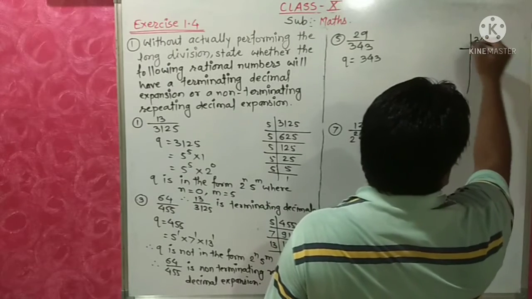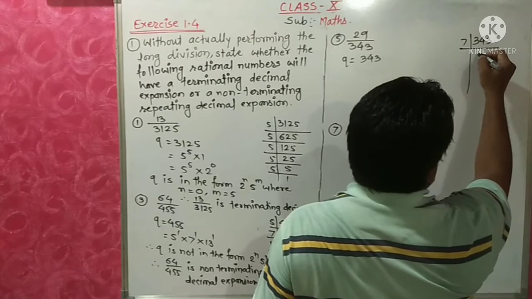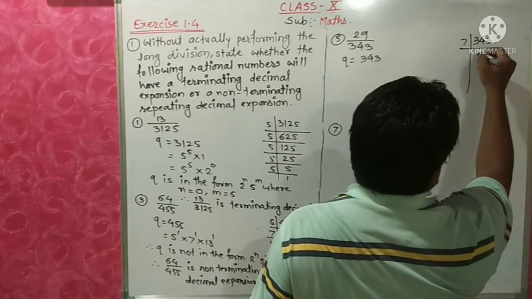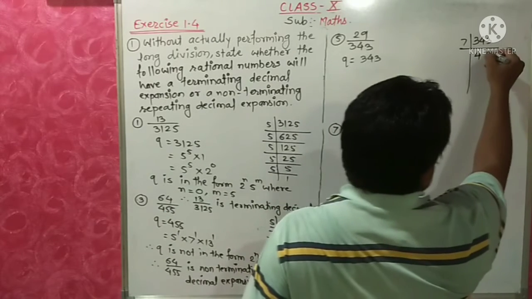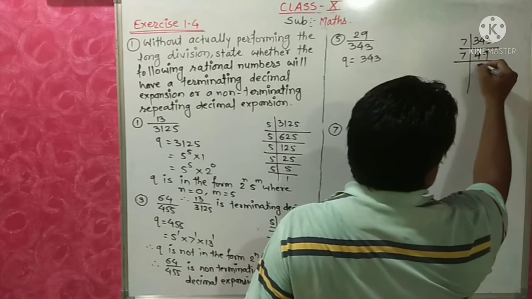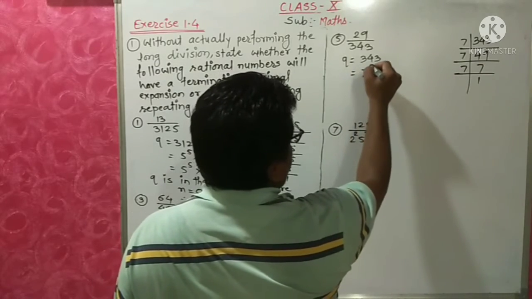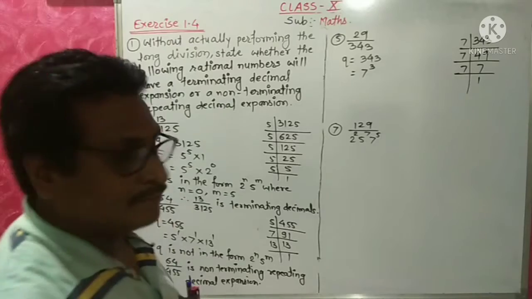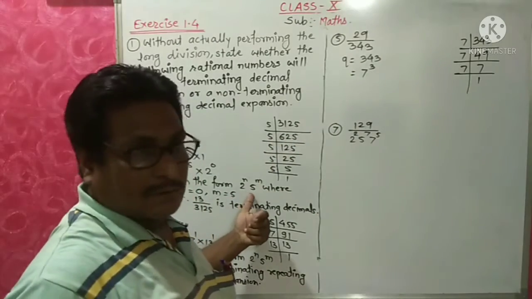It is divisible by 7. 7 4s are 28, 7 49s are 343, 7 7s are 49, 7 1s are 7. So we get 7 raised to the power 3. Here 2 and 5 are not factors.